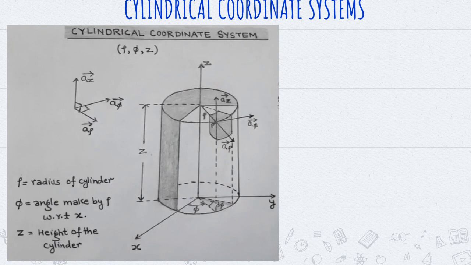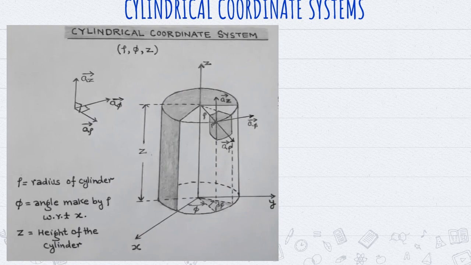As I mentioned already, there are three coordinates: rho, phi and z. The unit vector of rho is a rho, the unit vector for phi is a phi, and the unit vector for z is a z.